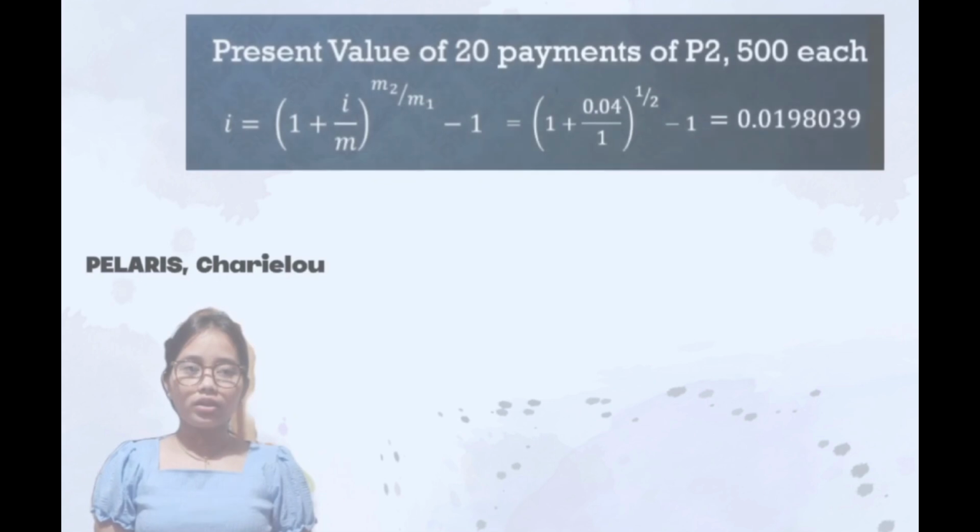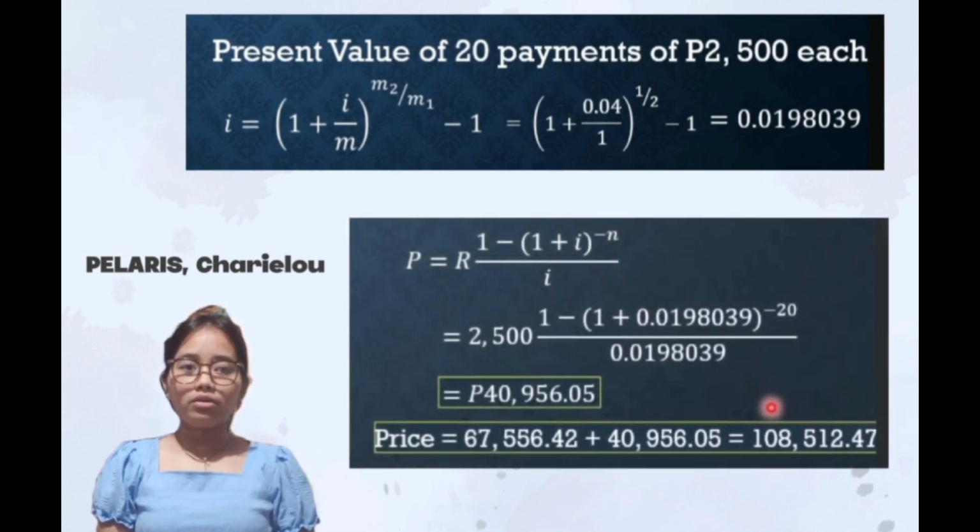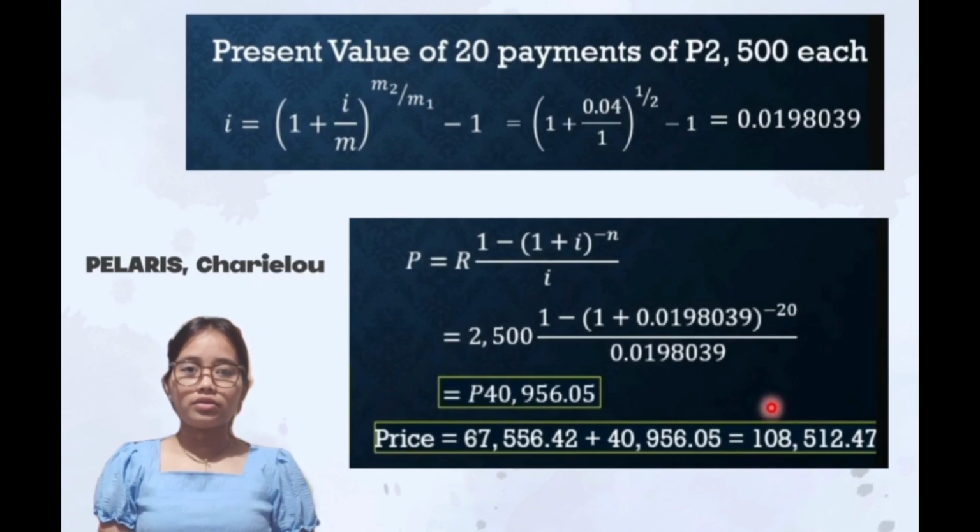Present value of 20 payments of 2,500 each. The semi-annual rate is (1 plus 0.04) raised to 1/2 minus 1, which equals 0.0198039. To solve this problem, we can use the formula: payment times (1 minus (1 plus i) raised to the negative n) divided by i.